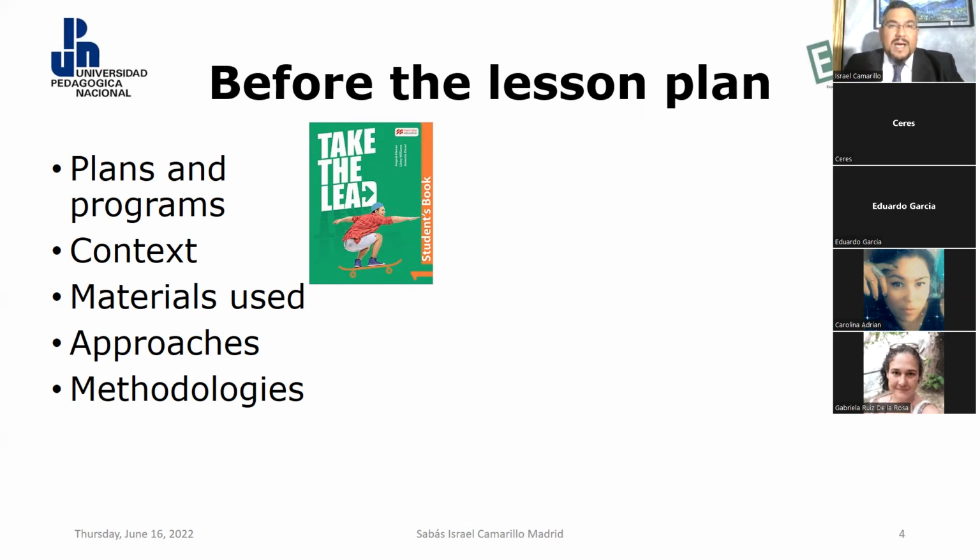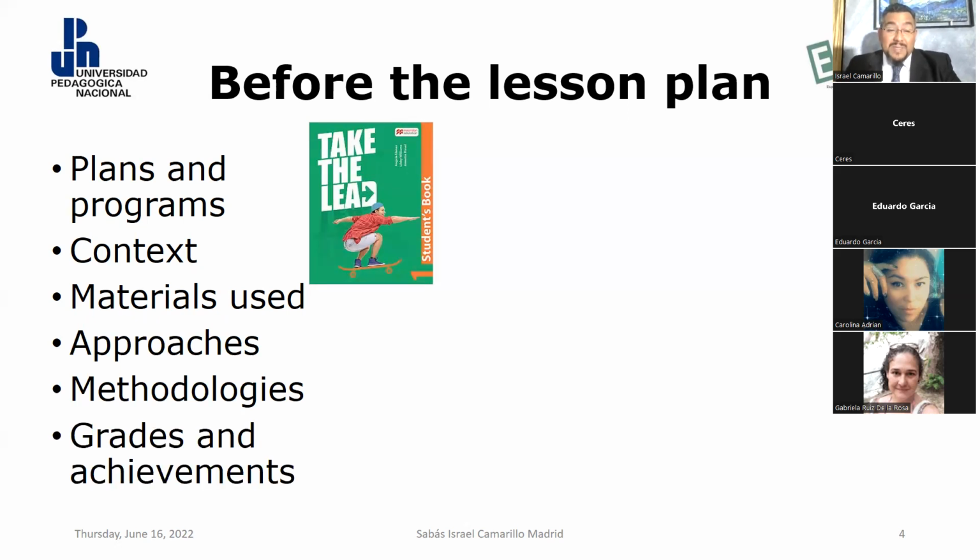I also checked grades and achievements. By that, I mean, if they have a 10, what does that represent in the real world? Can they speak now? Can they, I don't know, ask for anything? What does a 10 actually mean?